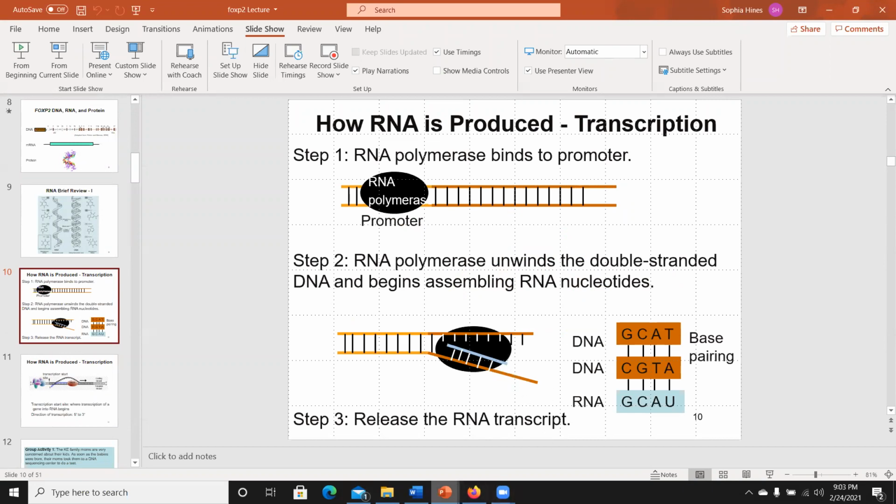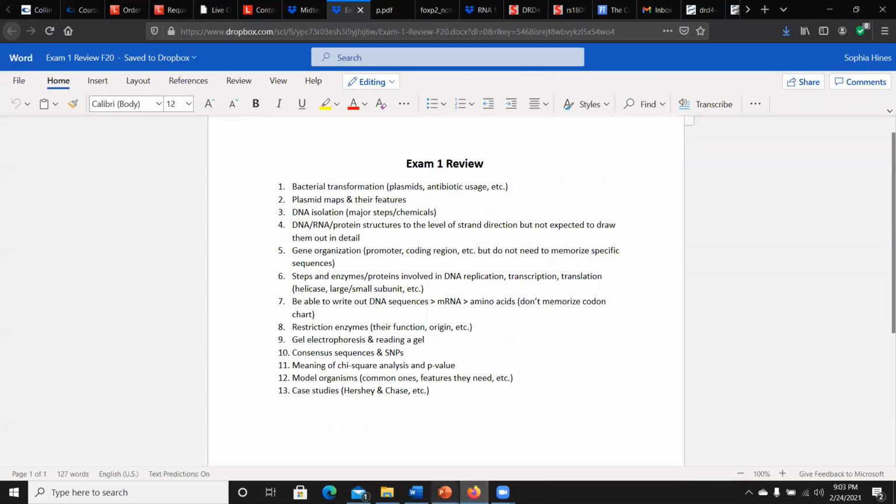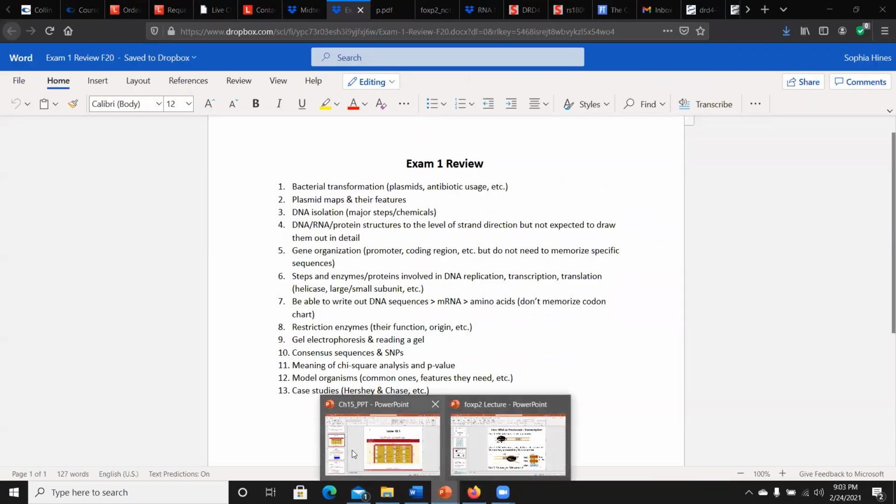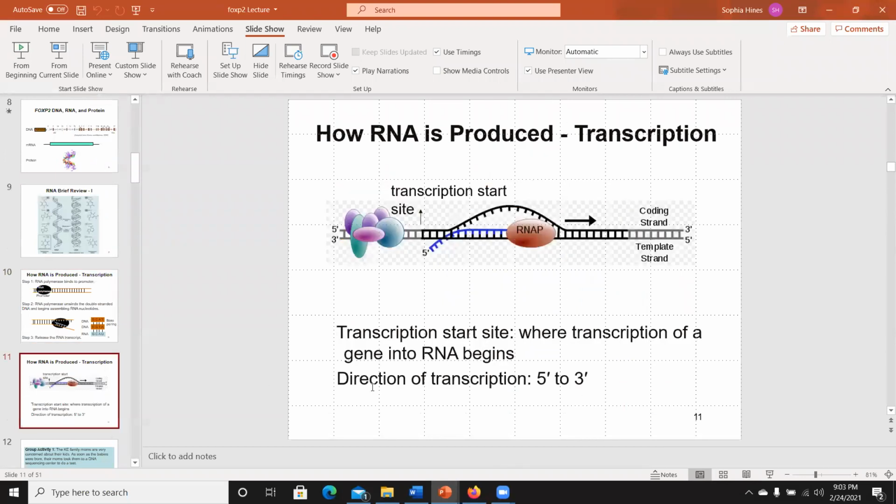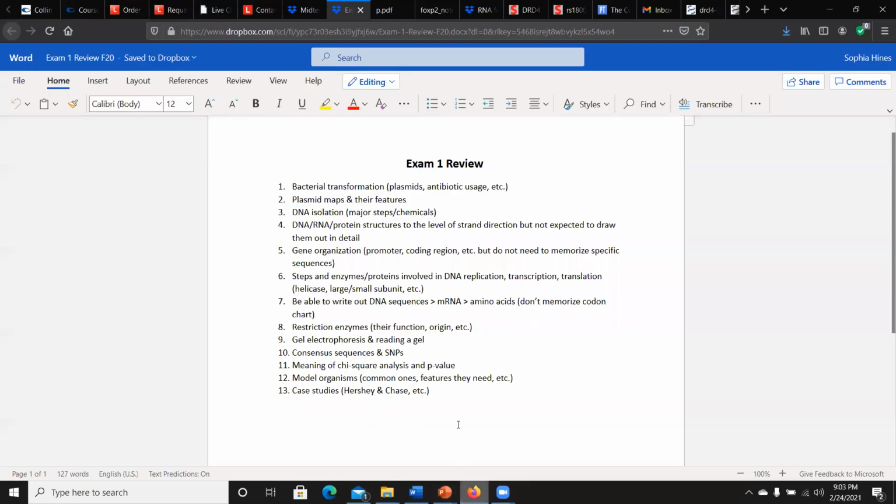It'll be very simplified pictures. They are not going to be very complex. Probably one closer to that, that if I gave you a replication fork and said to label parts of it, you could do that.